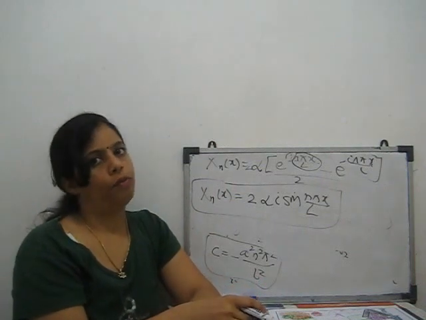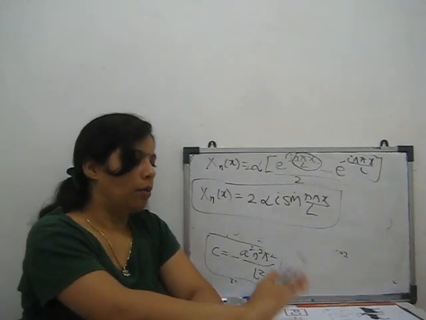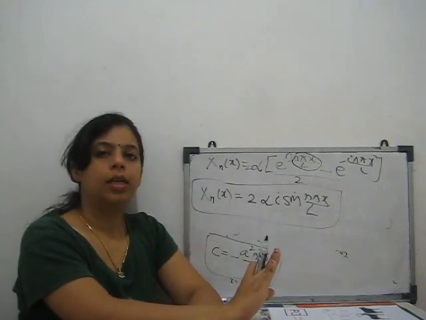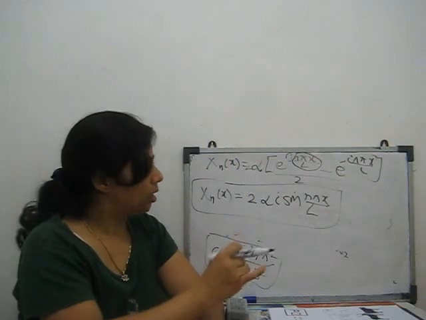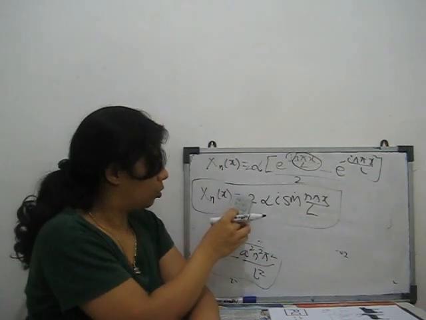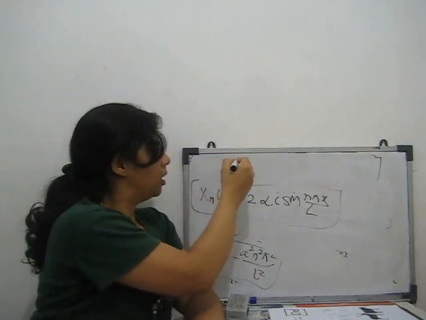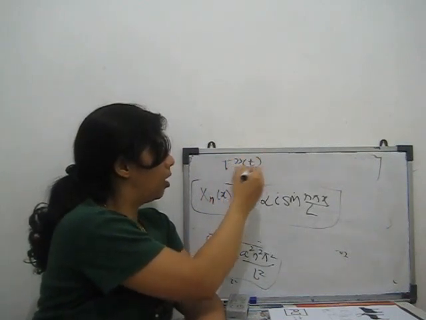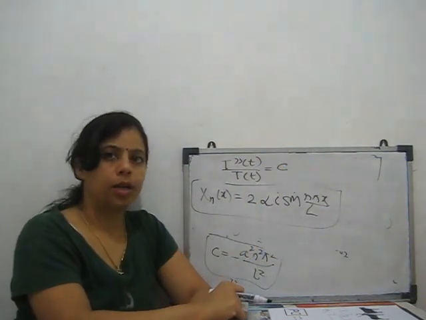Now I go for the solution of T. So next step, we will consider that T double dash upon T, T''/T, is equal to the constant. Clear?